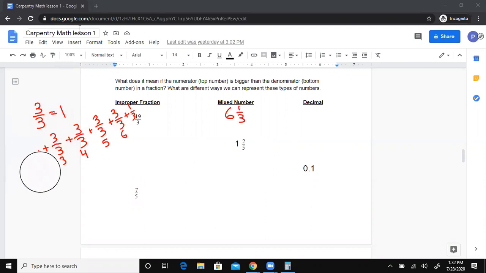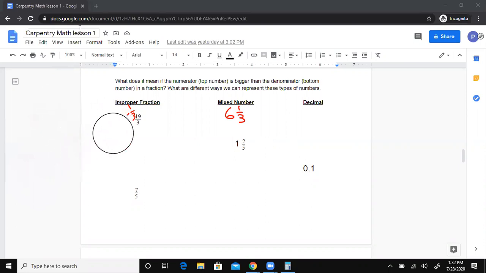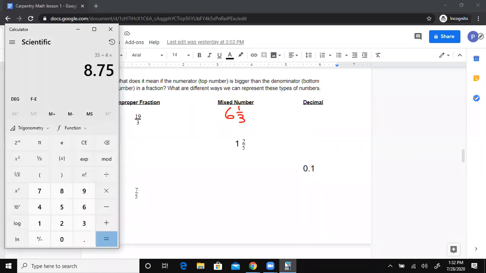There might be an easier way to get this, but I wanted to write that out so you can see the process of where this comes from. If you have a calculator on hand, this becomes a little bit easier. Clear everything in the calculator. 19 divided by 3 equals, and that first number before the decimal point is 6.